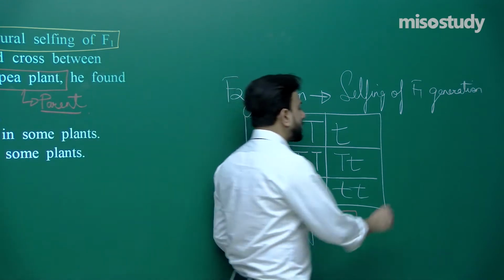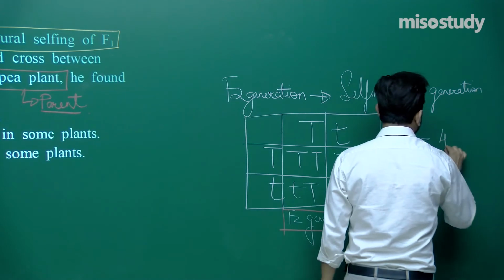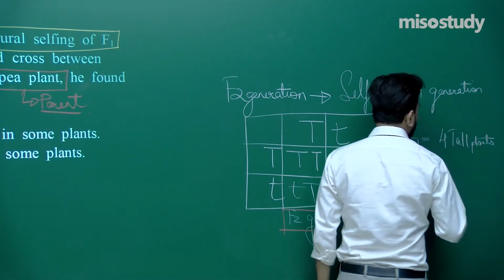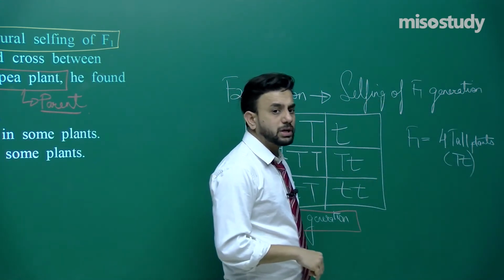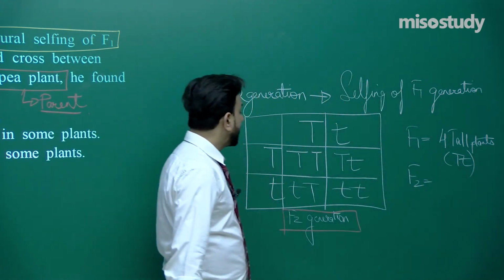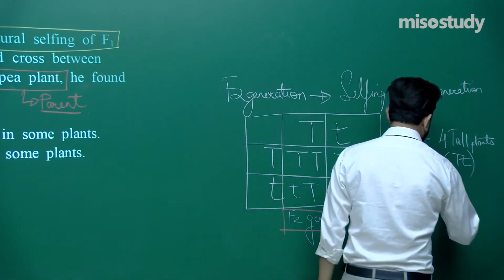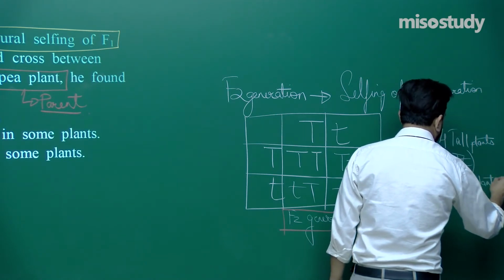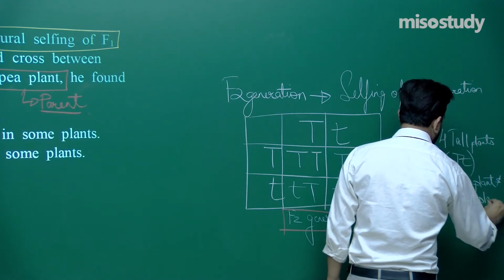In the F1 generation, we obtained all 4 tall plants, all of the genotype capital T small t. However, in the F2, how many tall plants are we obtaining? There are 3 tall plants and 1 dwarf plant.